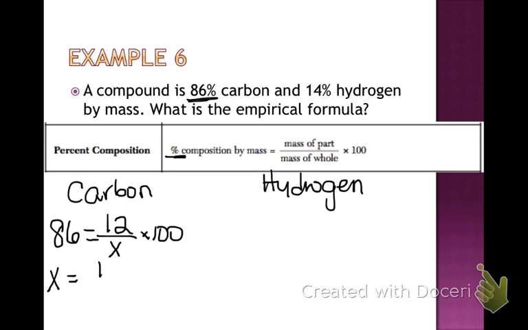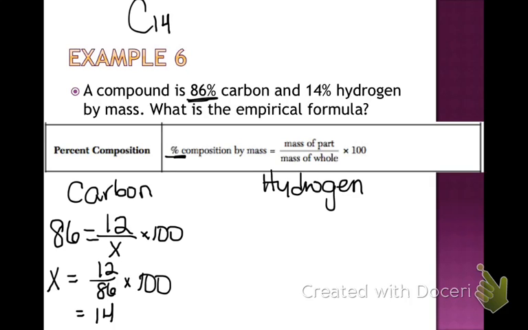We have x is equal to 12 over 86 times 100, and go ahead and put this into your calculator. You should get about 13.95. I'll round that up to about 14. Okay, so I know carbon will be 14.